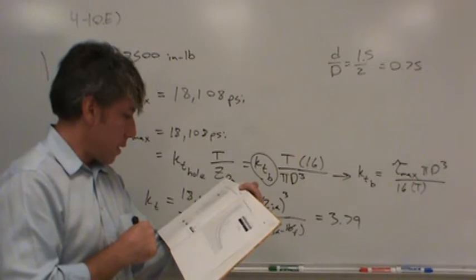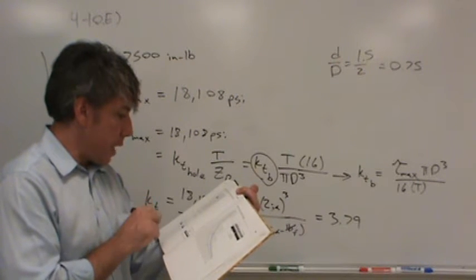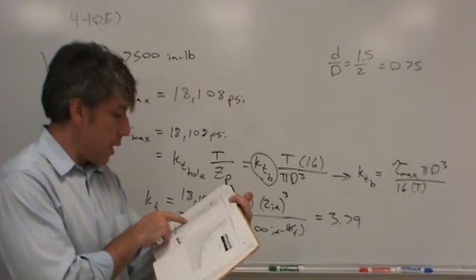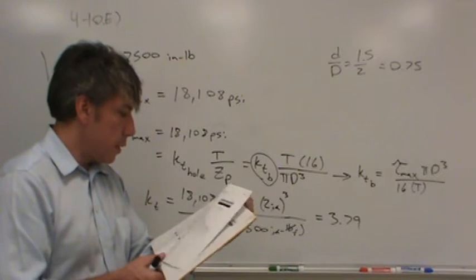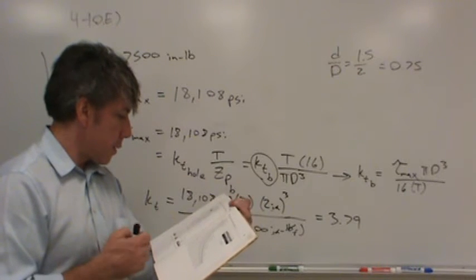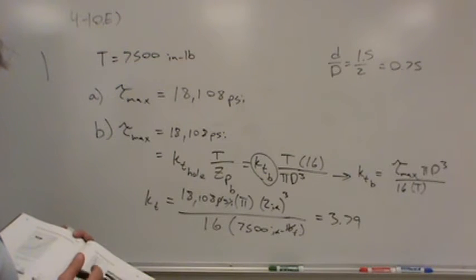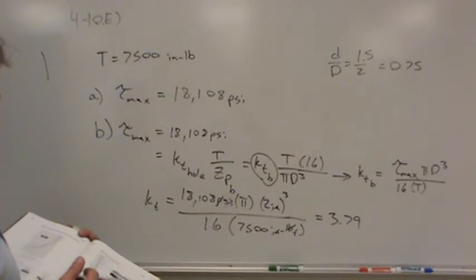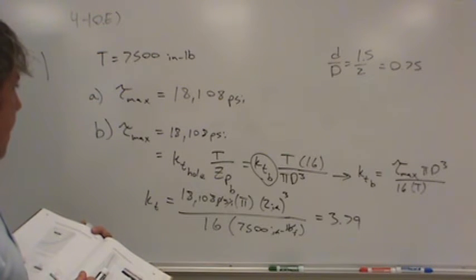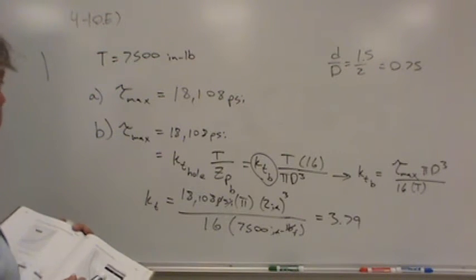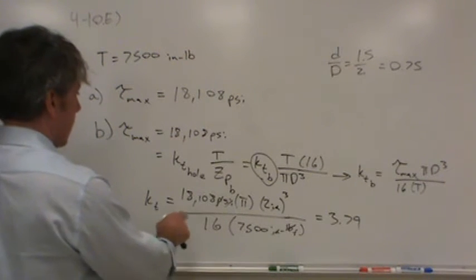Okay, so let's see. Oh, but we've got to be careful here because K_TG is based on the nominal section in a round bar without a hole. So that's going to throw a monkey wrench into things. Let me see if I can figure out what that means. Well, that's going to affect a lot of things because, no, it shouldn't affect that.